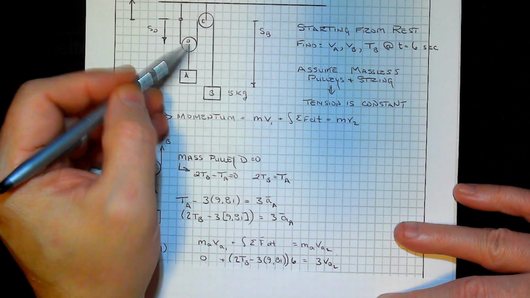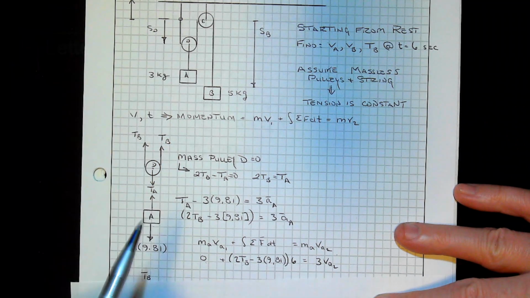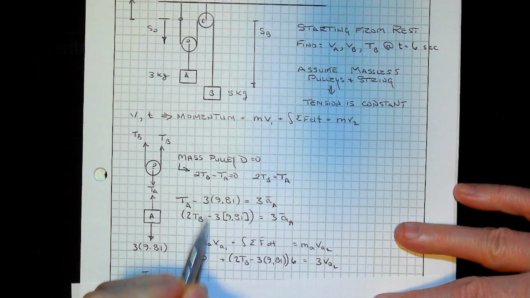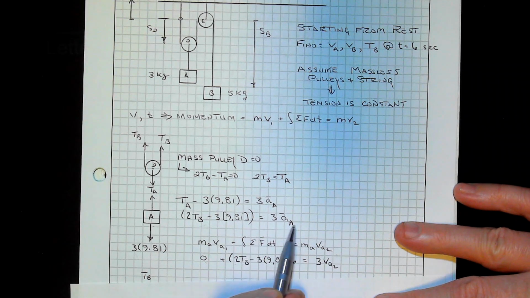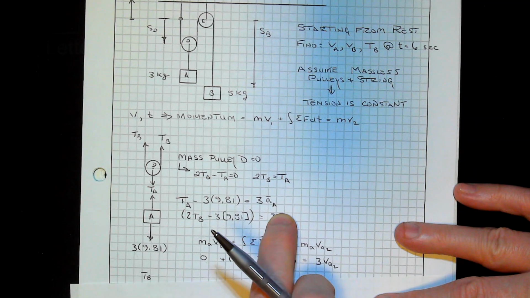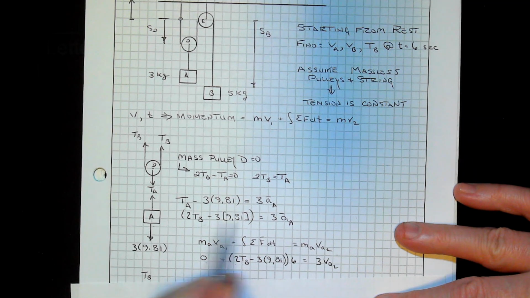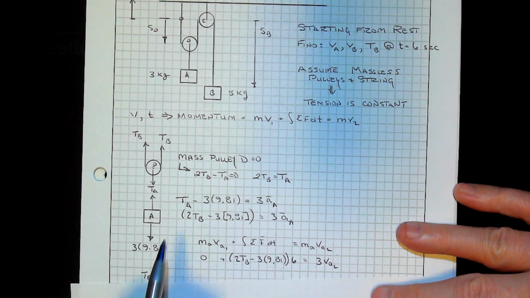This is just a little isolated rope. I want to get rid of it. So I'm going to replace TA by 2 tensions B right here. Okay, this is the sum of the forces. I don't care about acceleration, so I'm going to ignore this side. I'm going to take this piece, and then I will put that into the momentum equation.